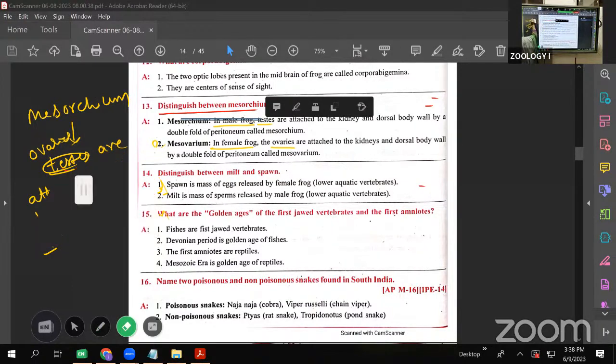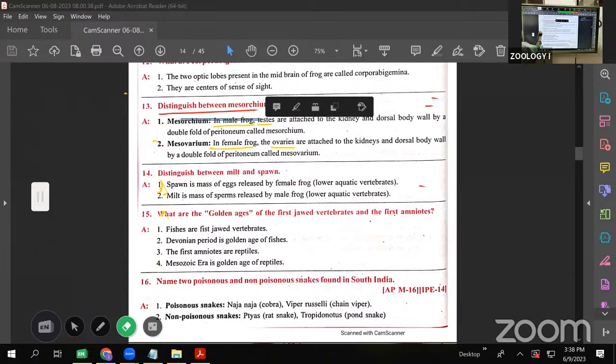Next is the distinction between milt and spawn. Here, spawn is a mass of eggs released by the female frog.